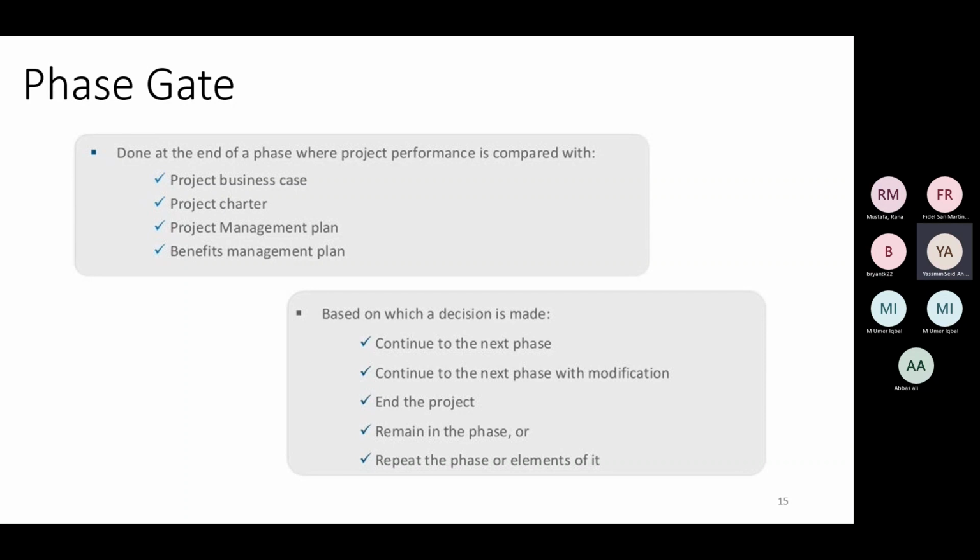As a part of the phase gate, what typically happens is that the project performance is always compared with what is documented in different project documents. You will come across documents like the business case, the project management plan, or the benefits management plan, and we created certain things.